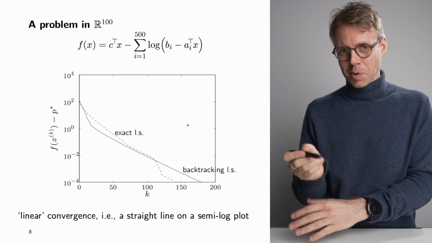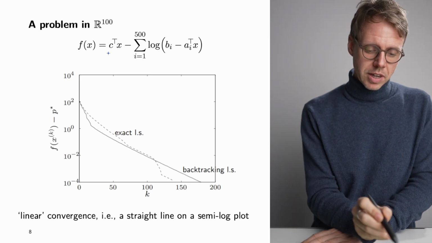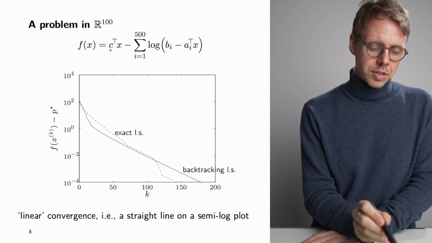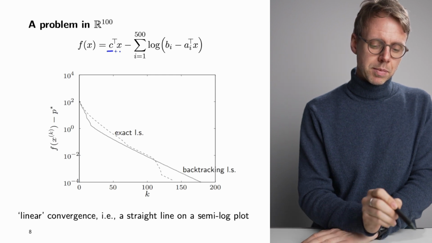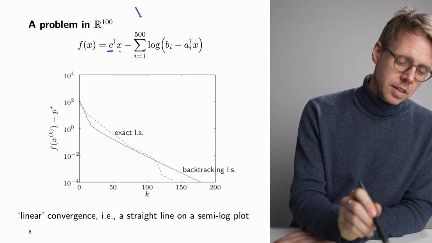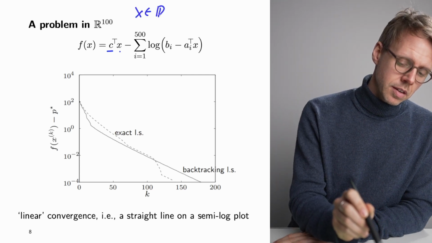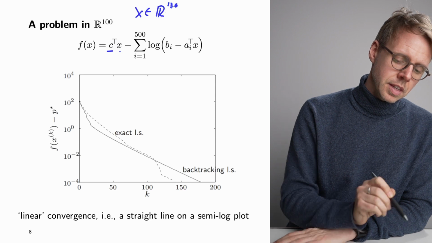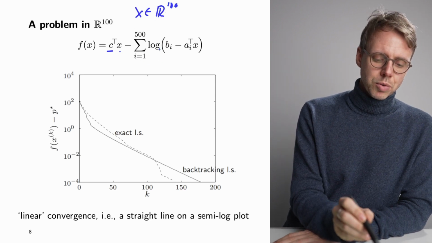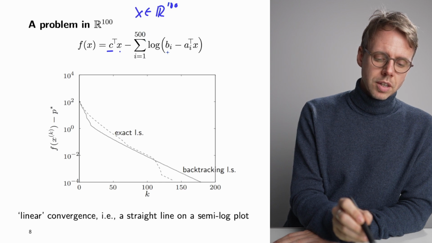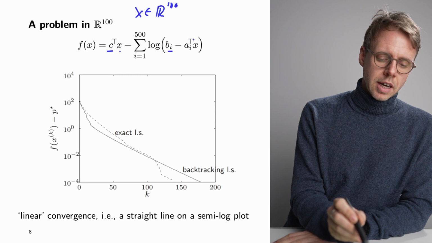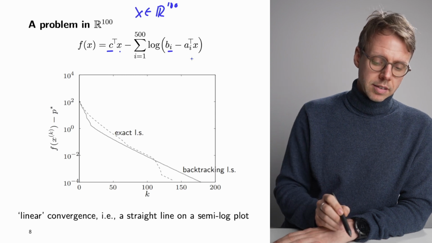In this case, we won't draw the function, but the function is given by a number of constants times our parameter vector x, which is a vector from R^100, minus the sum from i equals 1 to 500 of log of b_i minus a_i transpose x.